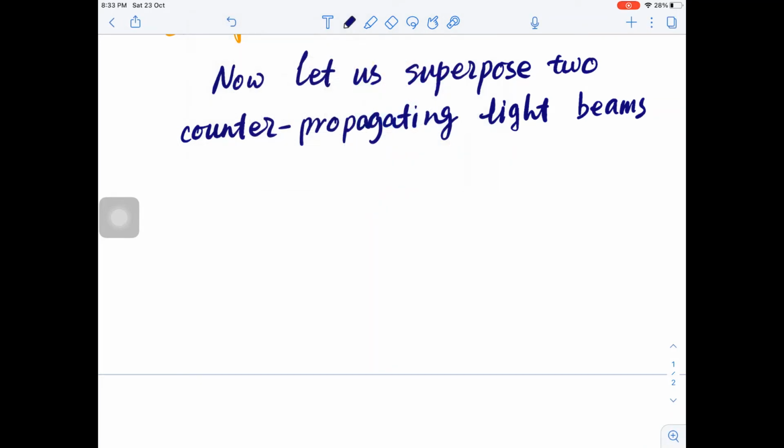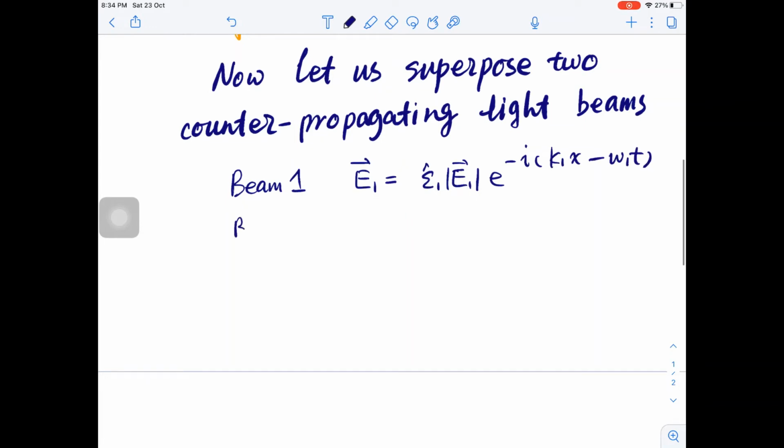Okay, let's say beam 1, we have E1 equal to epsilon 1 times the module E1 times e to the power of minus i (k1 x minus omega 1 t). And beam 2 is going to be similar. We just need to change the subscripts.